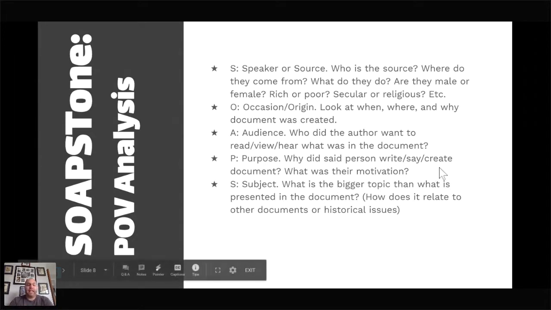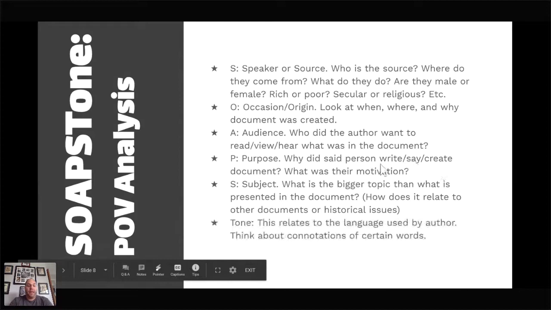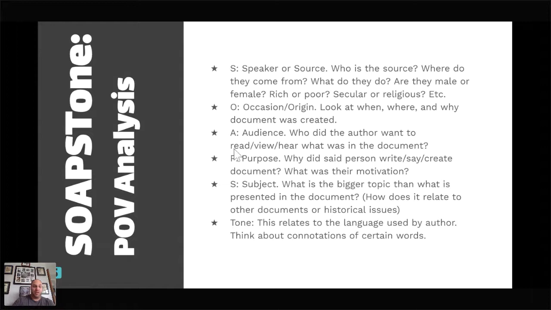And then your last is your tone, and this relates to the language used by the author. Flowery language, things that we oftentimes think of as just filler. If you talk to English teachers when they read kids' papers and the kid repeats themselves, it's flowery, it's repetitive. It has reasons. In this time frame, people usually did it for conveying an idea. Take Machiavelli's idea, right? He was very brutal, very ruthless.